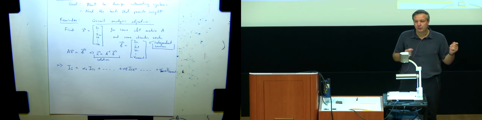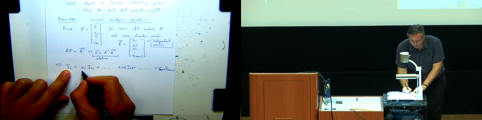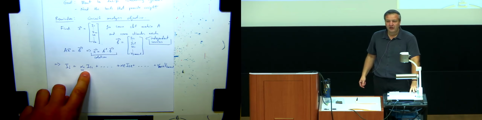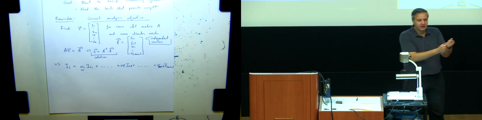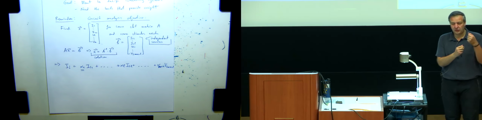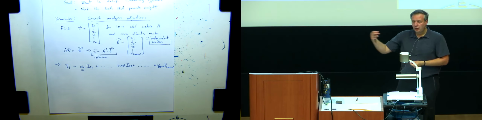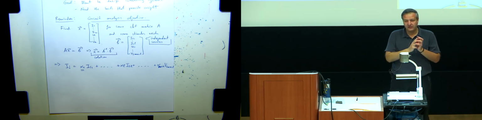So each source contributes to this variable through some coefficient. We call that coefficient a response to that source. If I'm interested in a certain variable, voltage, potential, or current, each of the sources in the circuit contributes something to that variable.